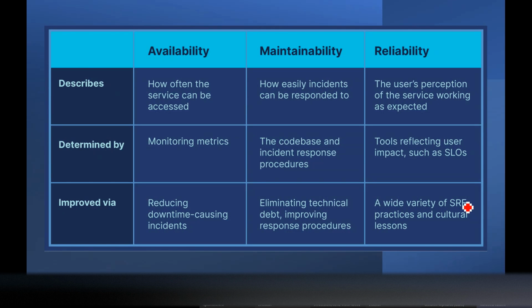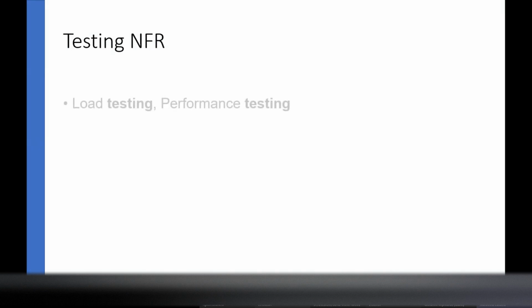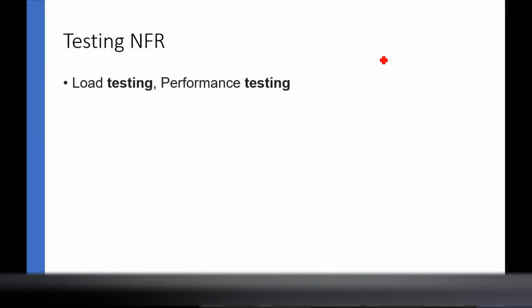If you are using only Facebook, you might not face these things because they are performing well. If you are using only YouTube, they are performing well, you might not see these errors. But if you jump into other sites, you can face these reliability issues. I think now you are clear about these non-functional requirements, and there are two main test types: load testing and performance testing to test these non-functional requirements.